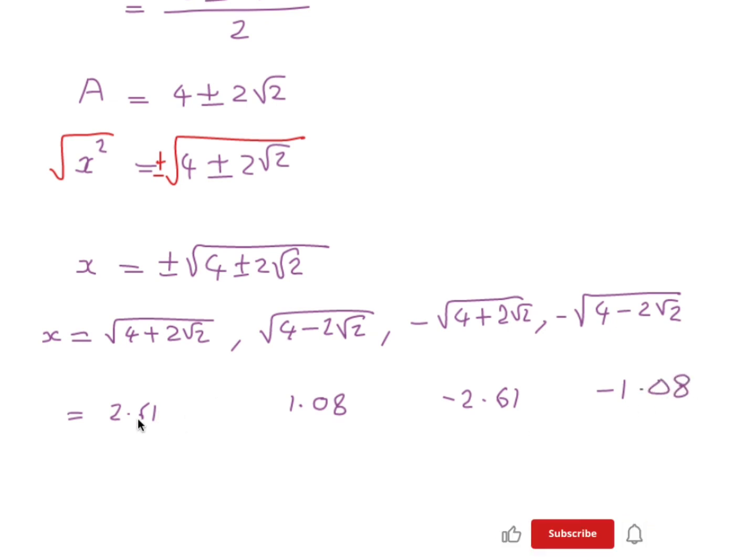So we got 4 values: 2.61, 1.08, minus 2.61, and minus 1.08. These are approximate answers to 2 decimal digits. So we got 4 solutions of this original equation.